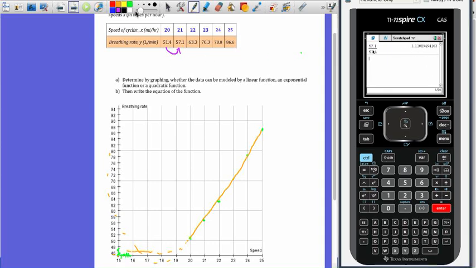So we're going to round off 1.11, and then I'm going to repeat this just to check if what we have is a constant ratio. If we do, then we've established that it's exponential, and if we don't, then of course we'll go ahead and test for it being a quadratic function.